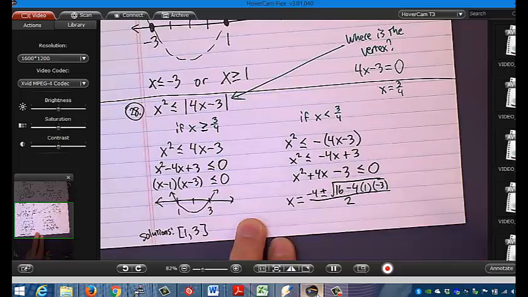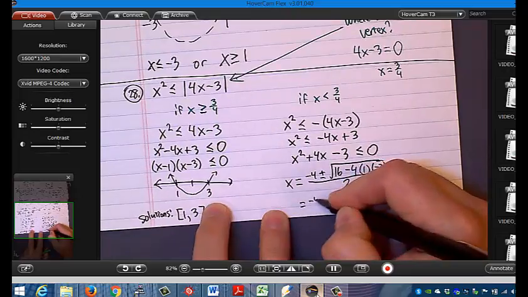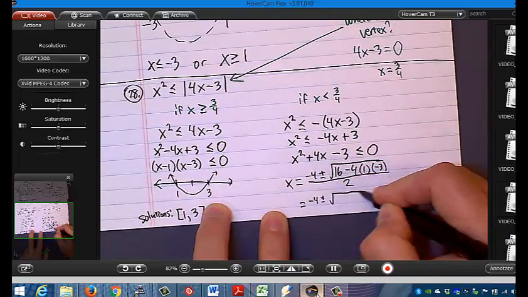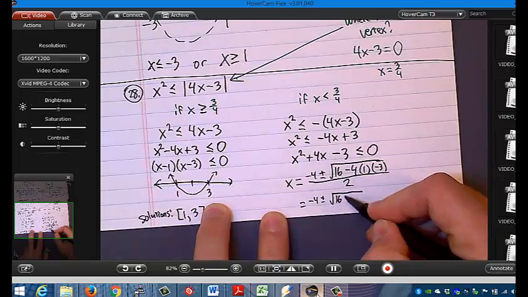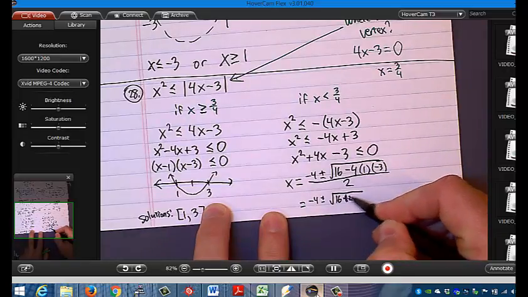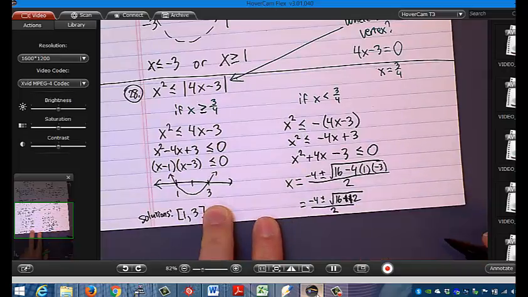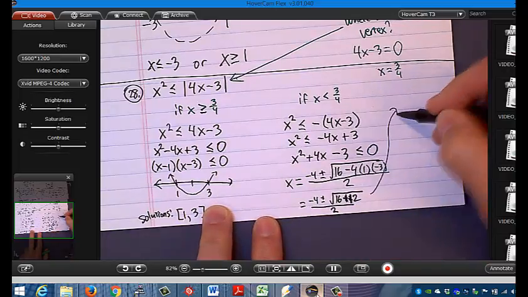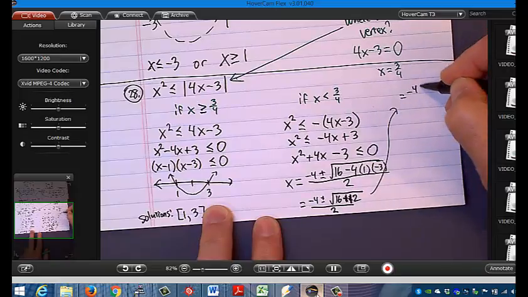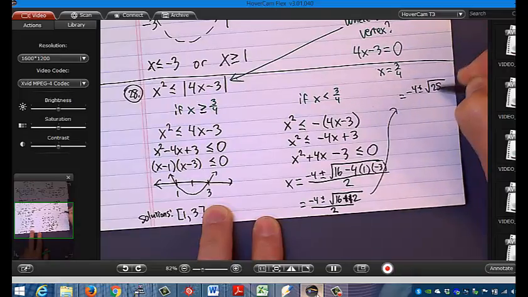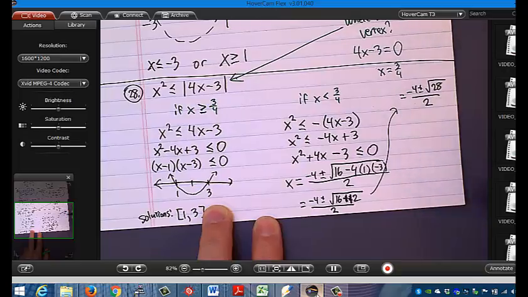Holy mackerel. I'm getting negative 4 plus or minus the square root of 16 plus 12 over 2. Wow, up here, I'm getting negative 4 plus or minus the square root of 28 over 2.